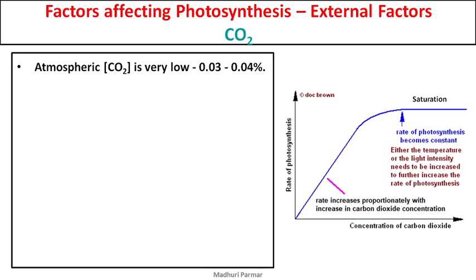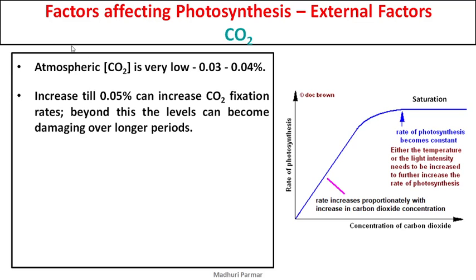The component or the factor which is always present near its lowermost value is called the limiting factor. In case of photosynthesis, carbon dioxide is always the limiting factor. It is always less in concentration in the atmosphere, which is causing it to be the limiting factor.